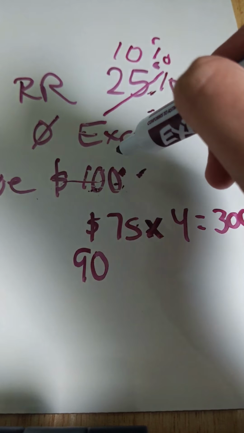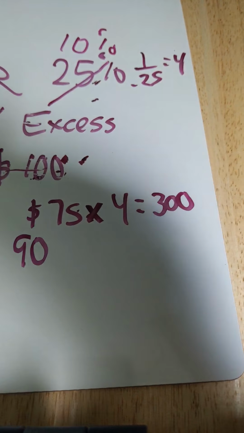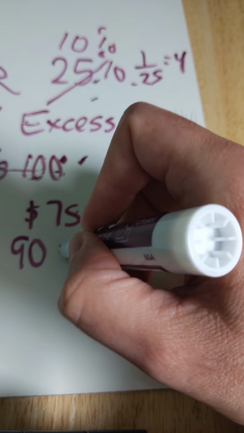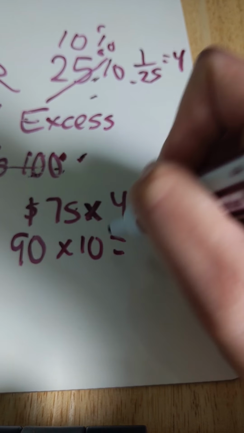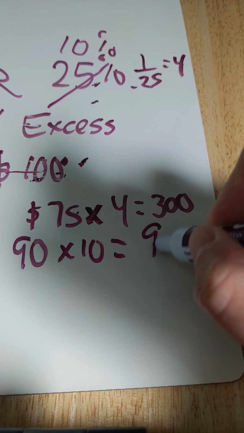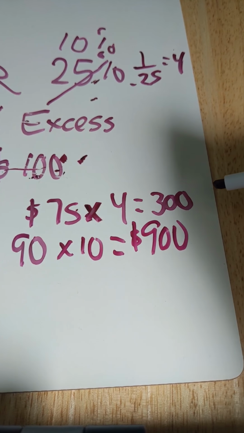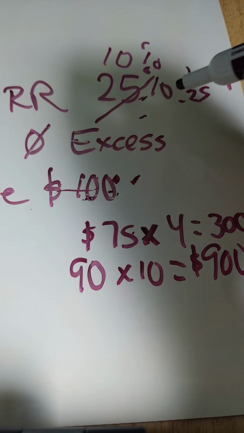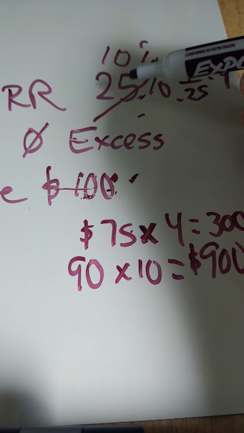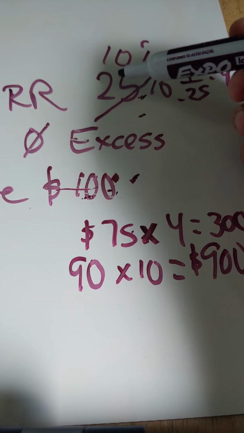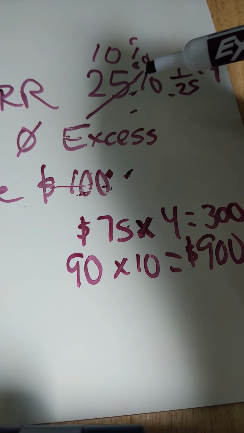They could loan out 90 of this 100, and the multiplier would be 1 over 10%, which is 10, which would be a money supply change of $900, which is a significant change. And that's why the reserve ratio is an important tool for monetary policy.